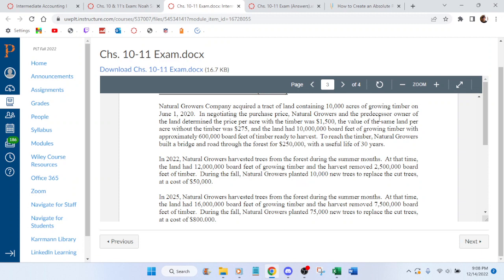And the 10,000 is relevant. I'm going to do this a more efficient way. The price per acre with timber, the value of the same land per acre without timber was $275.